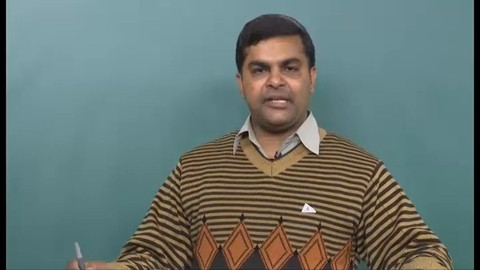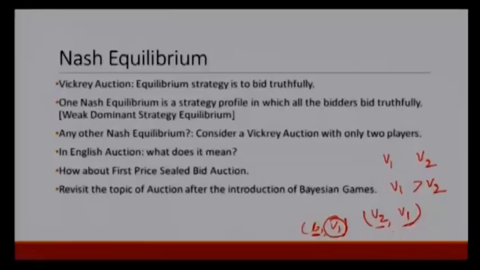How about player 2? Player 2, if he bids more than V1, again he wins, he has to pay an amount equal to V2, and his payoff would be the same as the earlier case. In both cases he would have 0. So, he does not have any incentive to bid more than V1. How about less than V1? If he bids a number between V1 and V2, he wins, still he will have to pay V2 and his payoff would be 0.